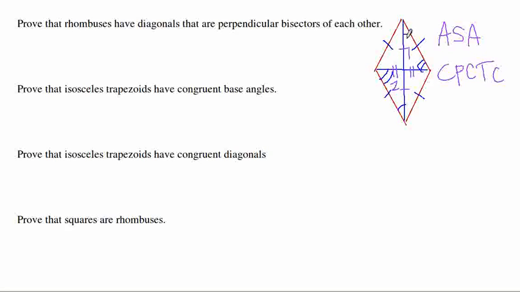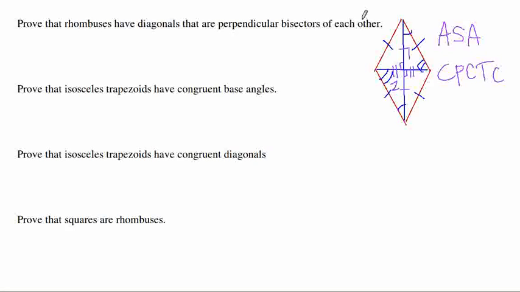All 4 angles form 2 straight angles. The only way that that can be true and all 4 angles be congruent is if they are all right angles. Okay, so that proves that the diagonals are perpendicular bisectors of each other. Now let's go to the second one.